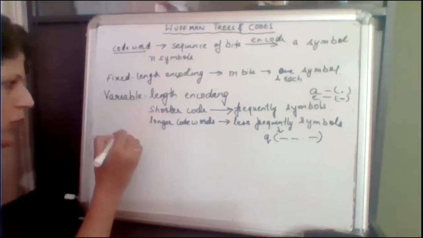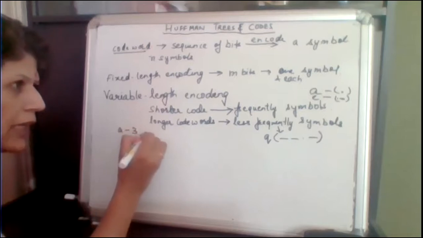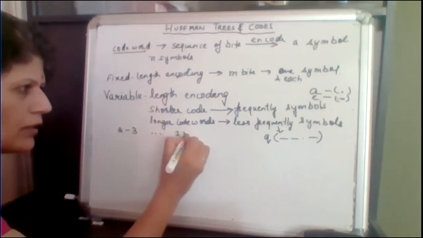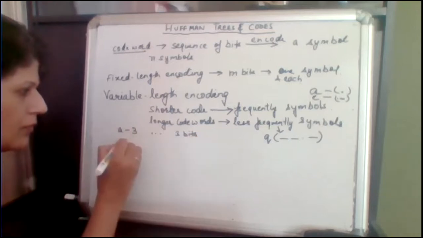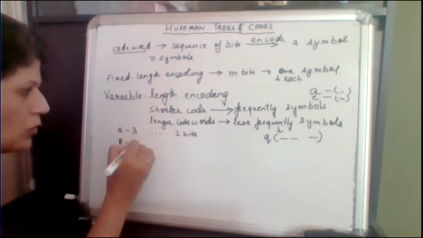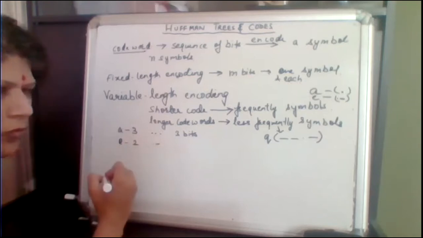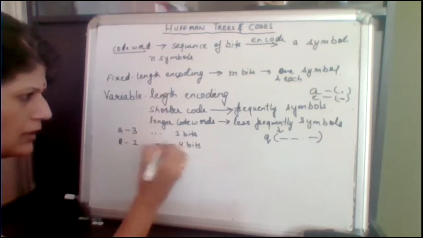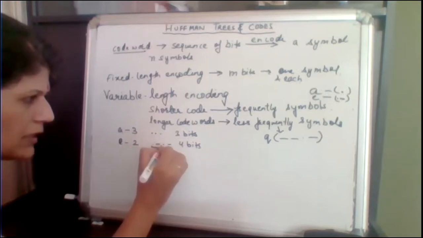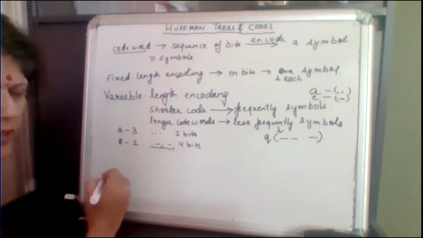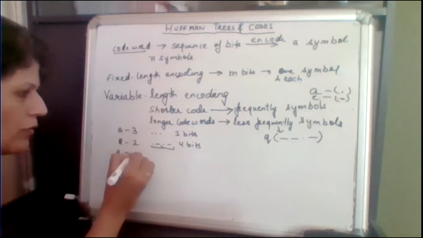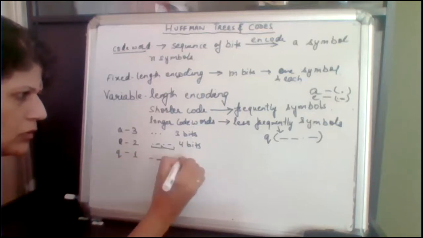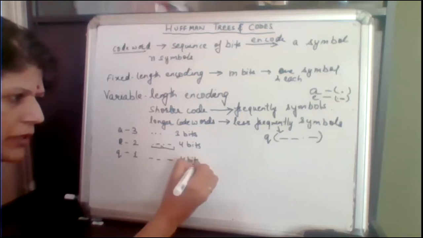If A is appearing 3 times, you will be putting 3 dots, so 3 bits are required. E is appearing 2 times, so you need only this, so 4 bits. And Q, which is appearing only 1 time, has this representation, so it also requires 4 bits.